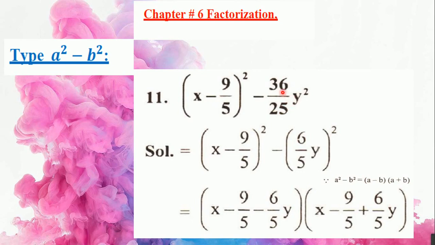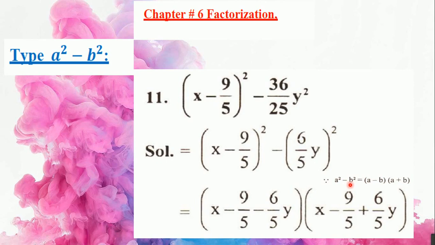So we will write 6 by 5 y whole square. Now both terms are in the whole square form like this, a square minus b square. So a is x minus 9 by 5 and b is 6 by 5 y.